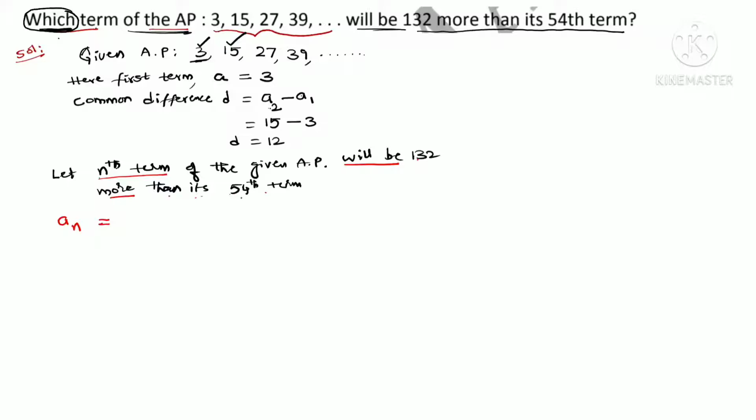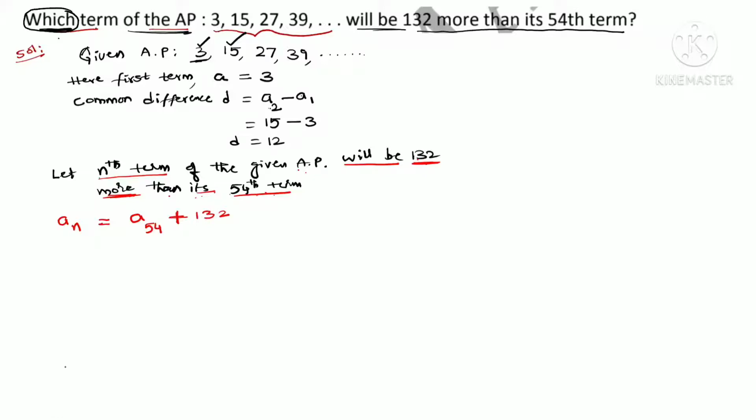Its 54th term refers to that particular AP's 54th term, which is A54. Since the word mentioned is more than, so plus, how much more? 132 more. So more means plus 132.